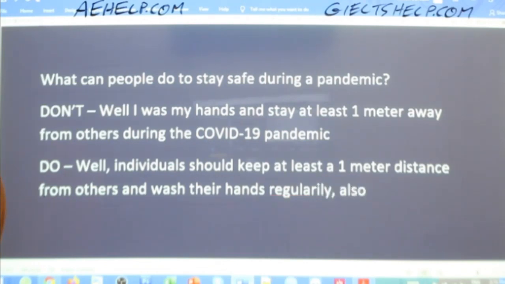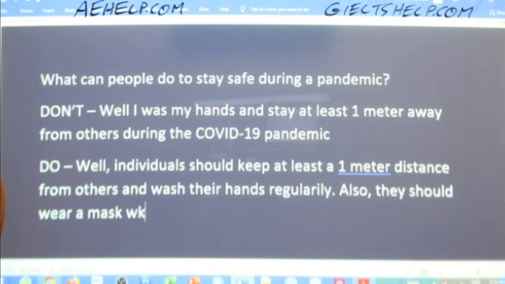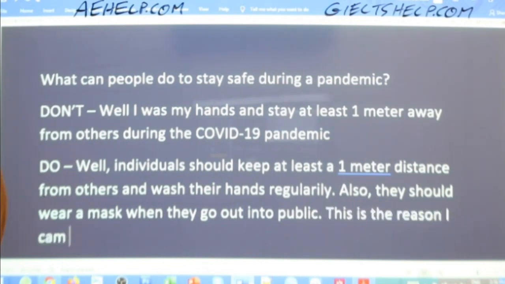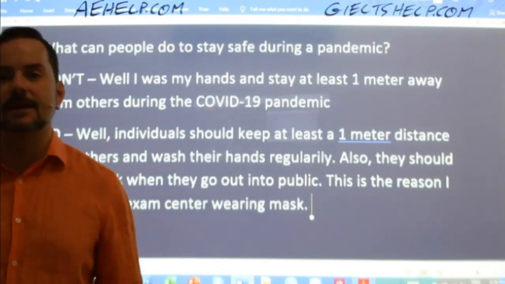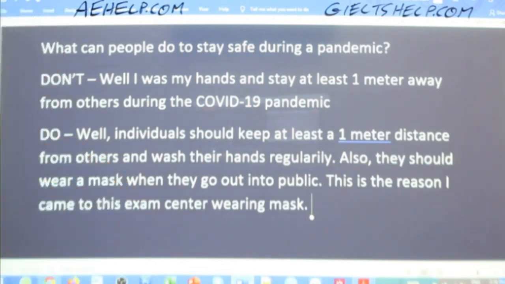Also, they should wear a mask when they go out into public. This is the reason I came to this exam center wearing a mask. Okay, so yes, you can use personal examples for Ferdovs, and this is how you want to use them.